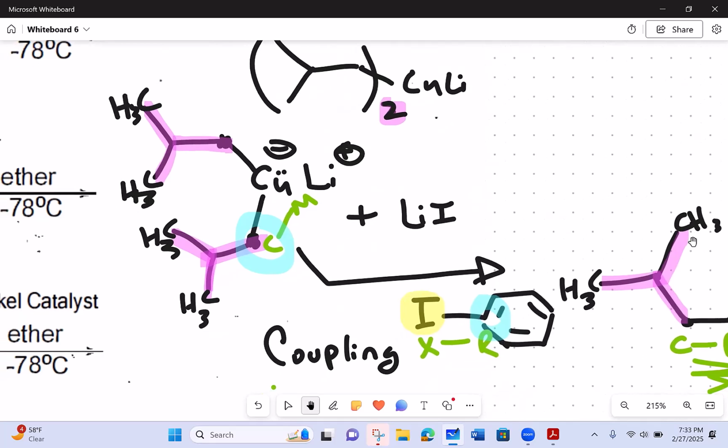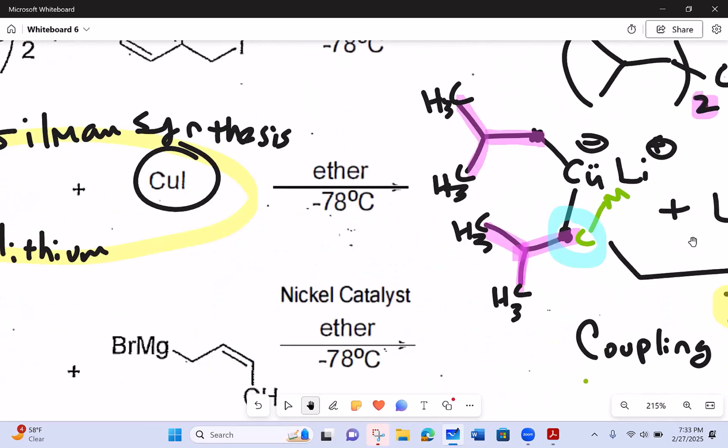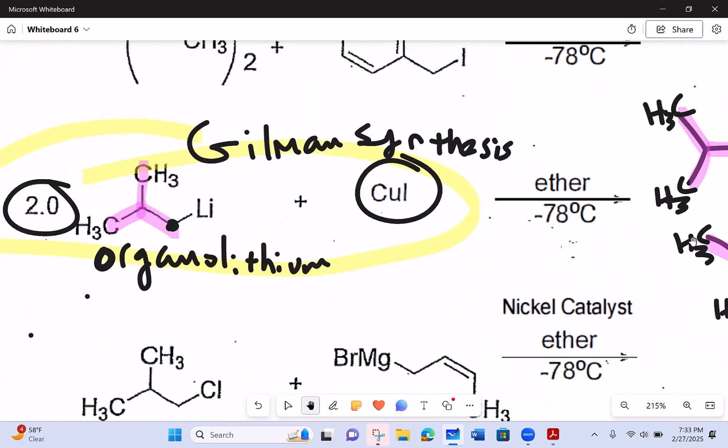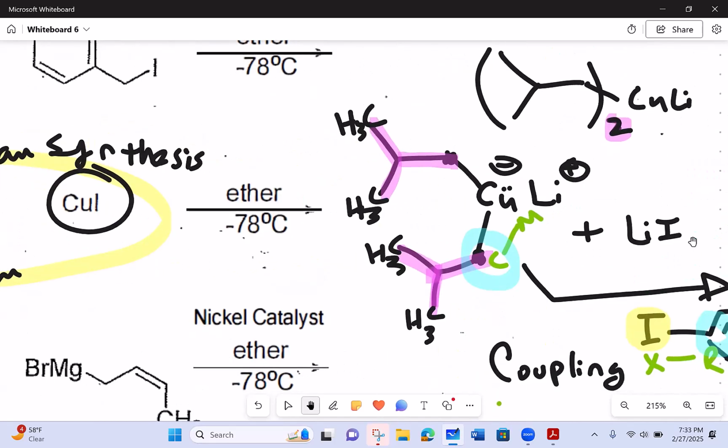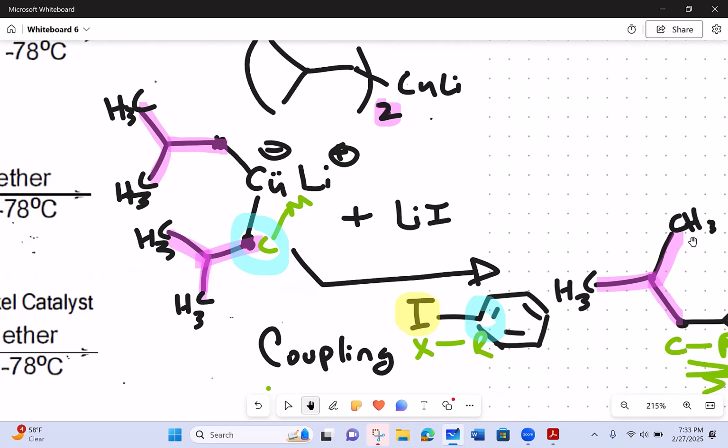Yes. That's why I extended the example. We made that from here, right? The 2 moles of that plus copper iodide to get to here. Then I extended the example by taking the cuprate that I made and adding in an aryl iodide so I could show the coupling part. Yes, it makes sense.